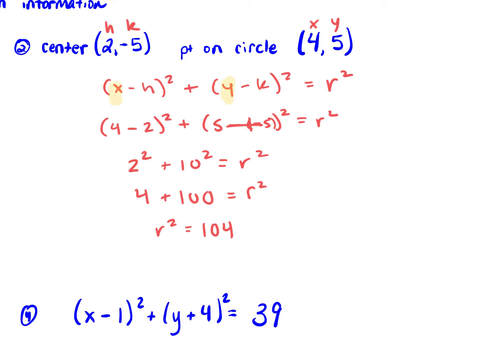Everything else needs to get plugged in, so I have to plug in my h, k, and r squared. So I have (x minus 2) squared, plus (y minus k), so that would be plus 5, since k is negative 5, squared, and then that's equal to r squared, which is 104. So that's my standard form.